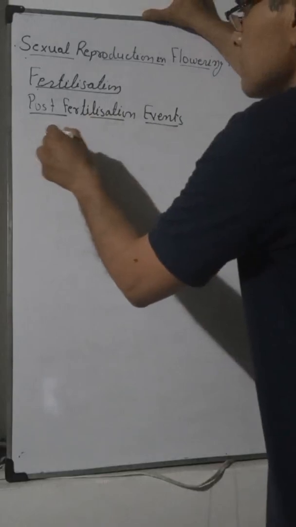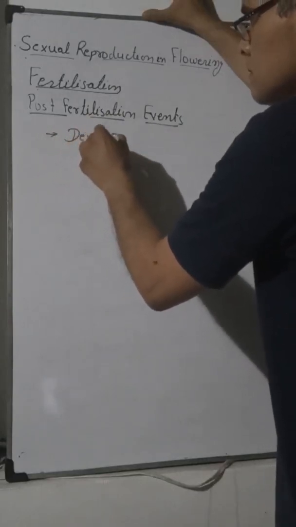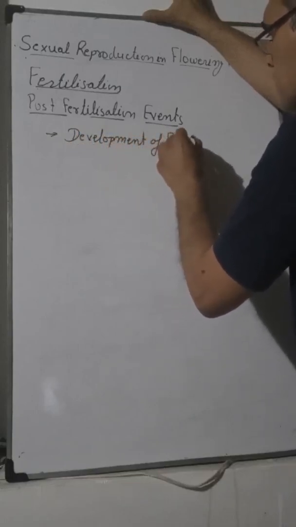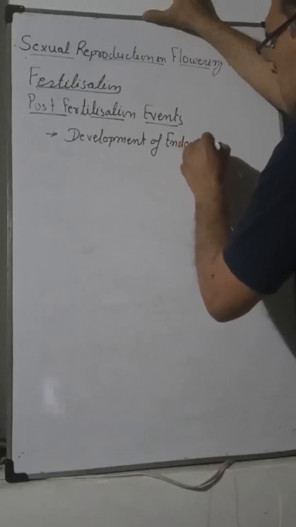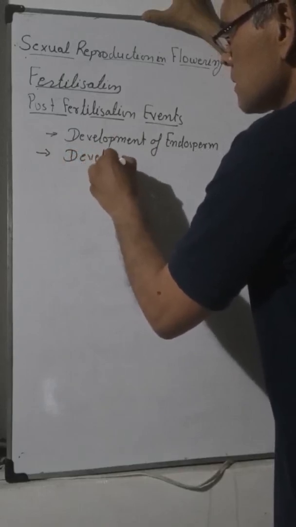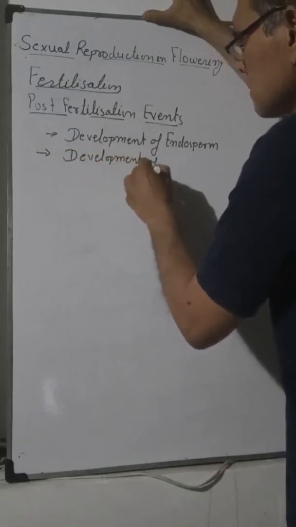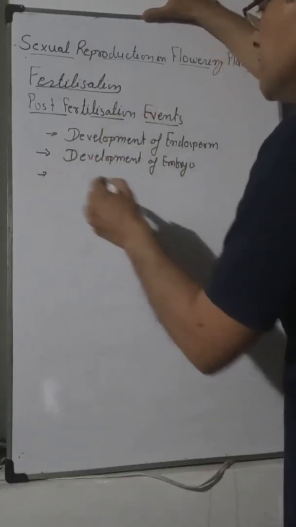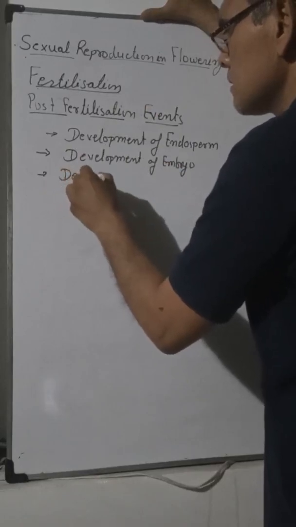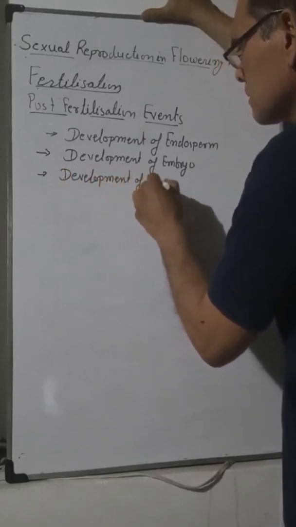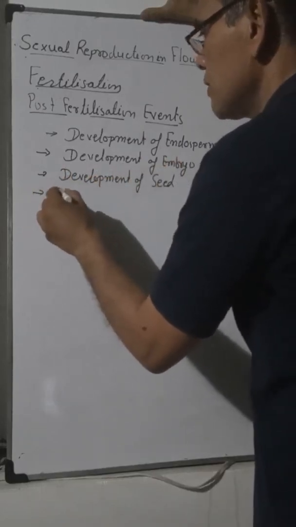Post-fertilization events include development of endosperm, development of embryo, development of seed, and development of fruit.